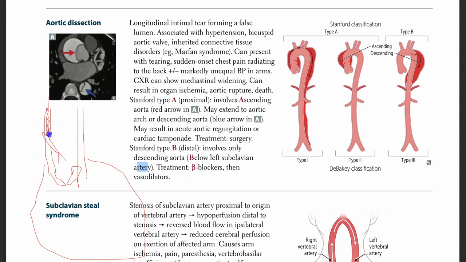So what can you do to prevent this, right? You give beta blockers to slow this down, because what does beta 1 do? Increase heart rate, increase contractility, and renin, right? So we'll block this. So we give beta blockers to decrease the heart rate and the hypertension rate. So when you slow down the heartbeat, what's going to happen? Even if this goes in, it's going to have a pulsatile action, right?